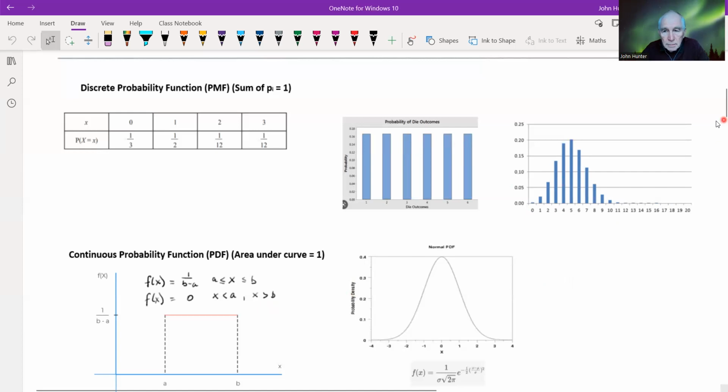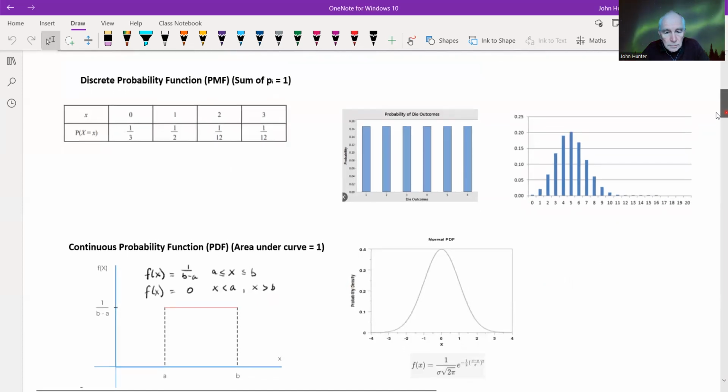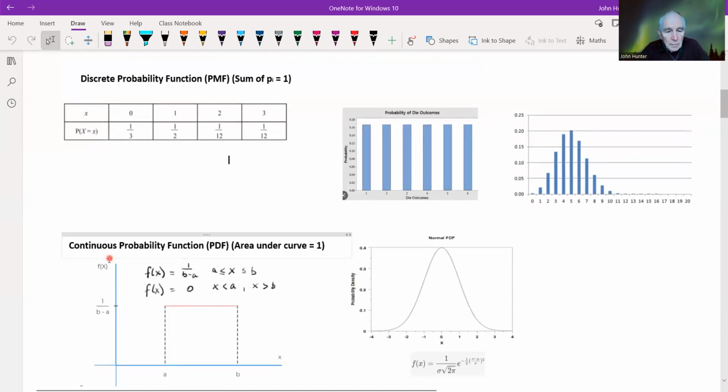And then, with a little more space, as far as continuous probability functions are concerned, these are described by a density function. I talked about density functions before.